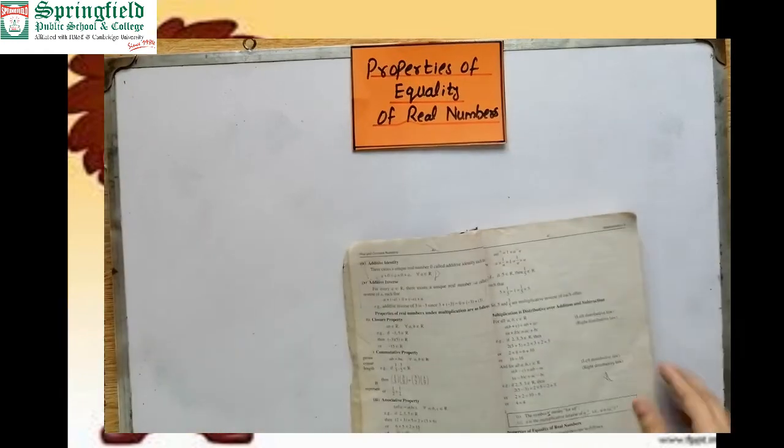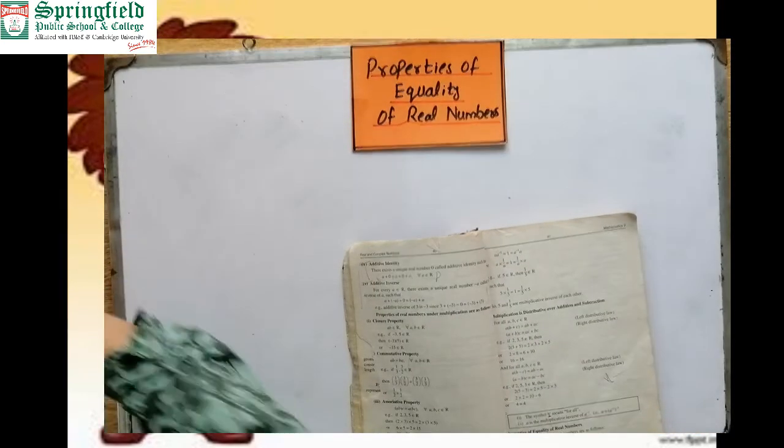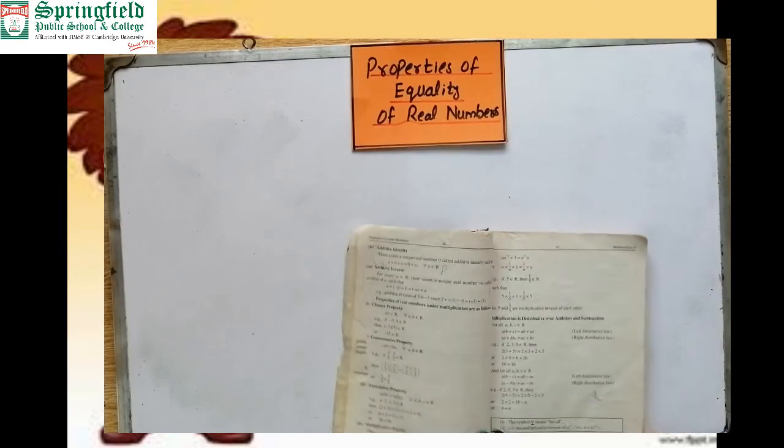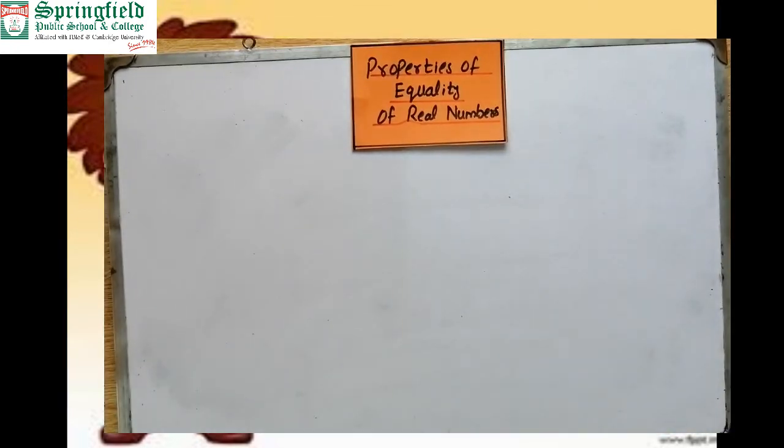The third property is this one, the property of equality of real numbers. Now we will discuss these properties. Equality means equal sign. The property has an equal sign. Fine. So we will discuss all the properties of equality of real numbers one by one.